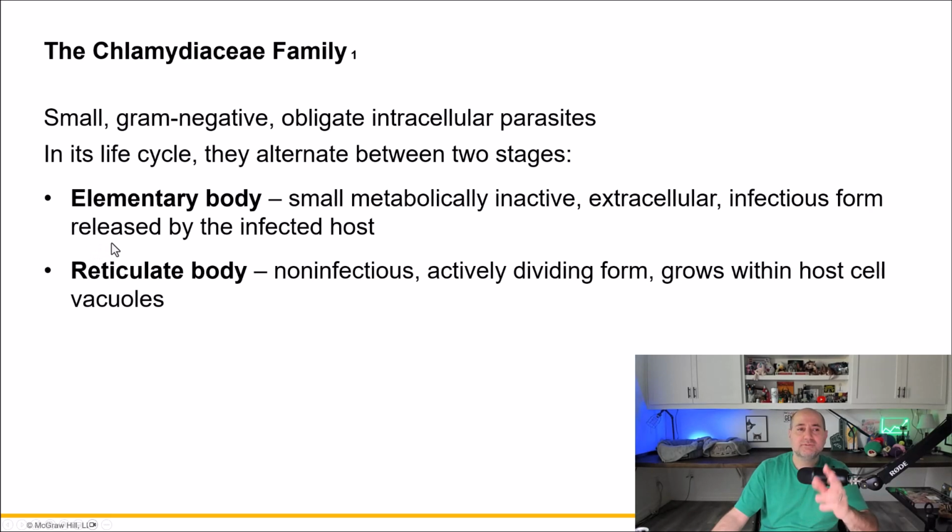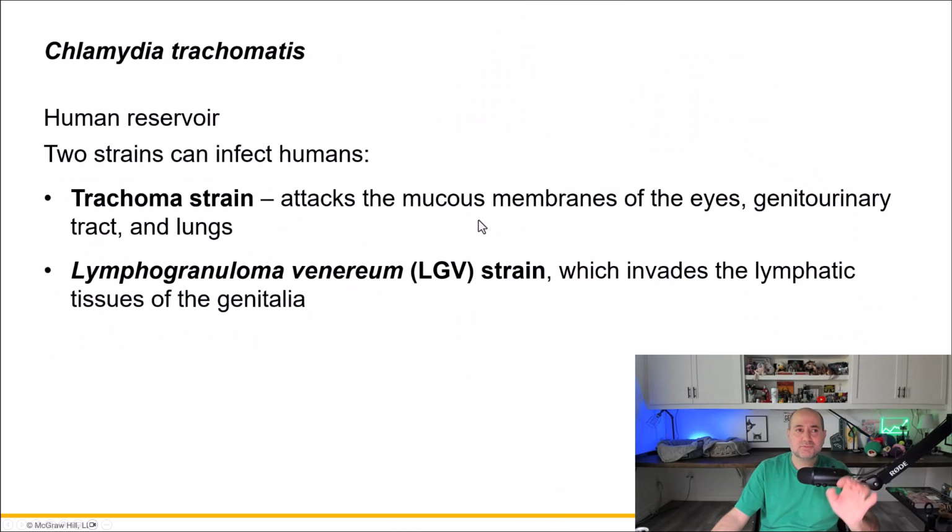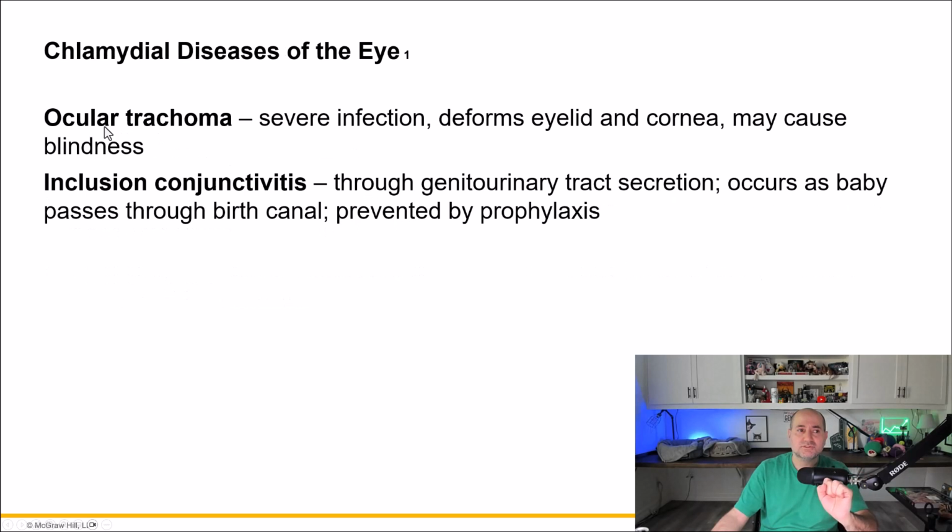And do you remember the chlamydias? They cycle between two states, the elementary body state, which is metabolically inactive but the infectious form, and the reticulate body state, which is not infectious, but it's actively dividing and growing. And do you remember Chlamydia trachomatis can also attack the eyes, right? So it can cause what's called ocular trachoma, which is a severe eye infection as well.